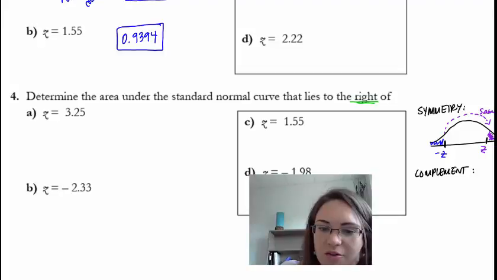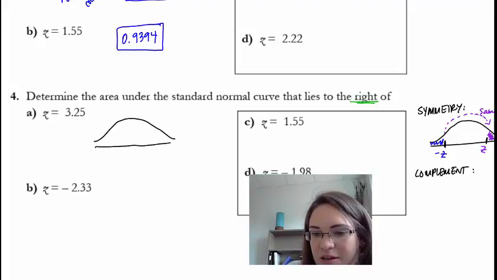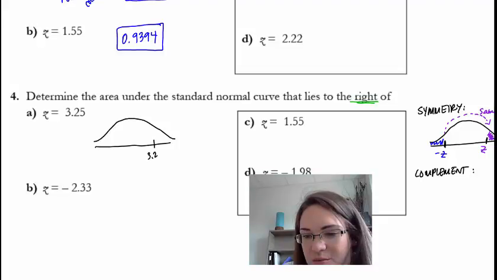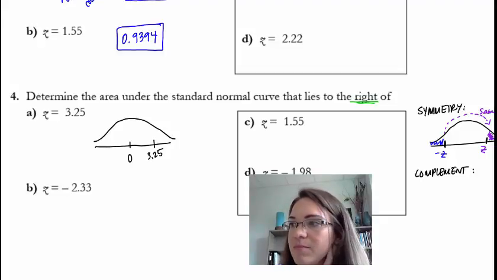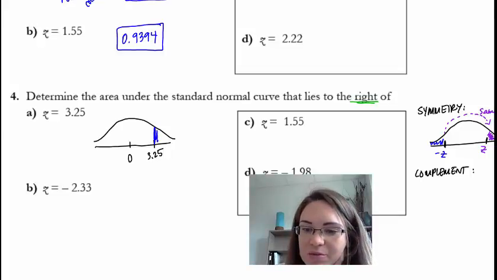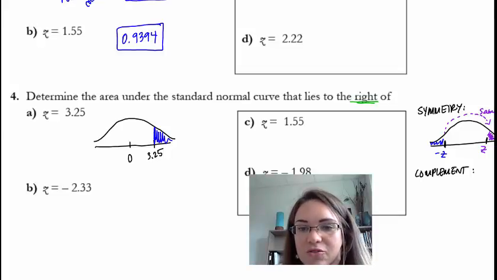So if I look at this 3.25 curve, I have a normally distributed variable like this. 3.25 is somewhere over here. It's a positive value, so it needs to be larger than the mean of 0. And I want the area to the right of positive 3.25.